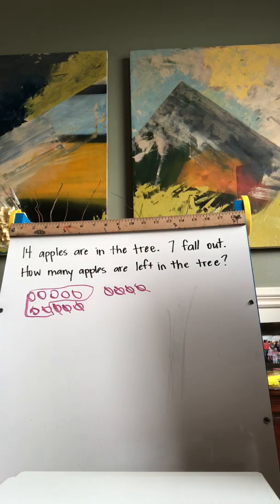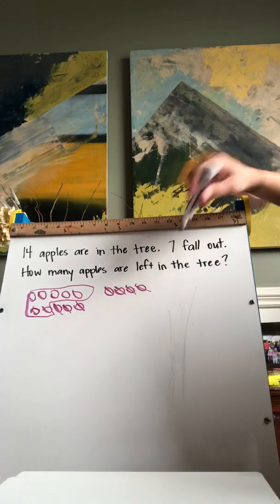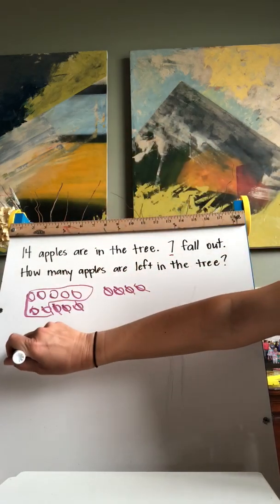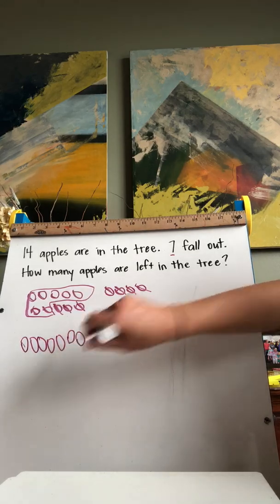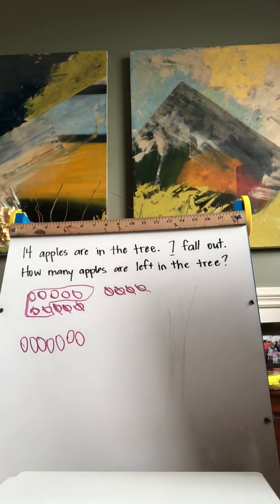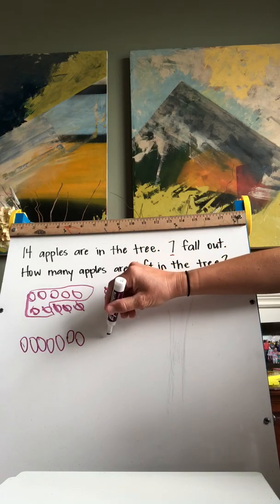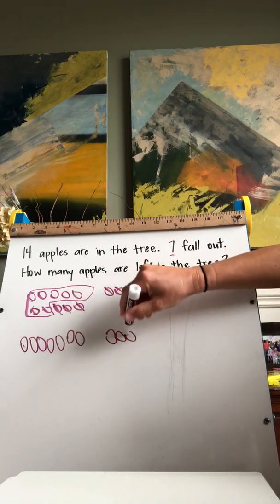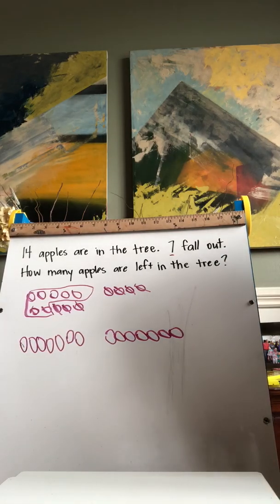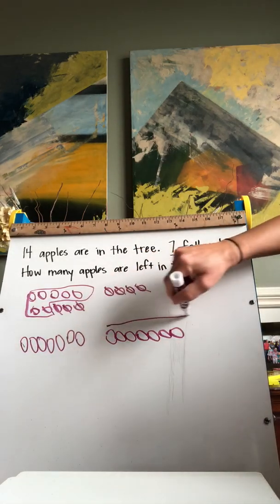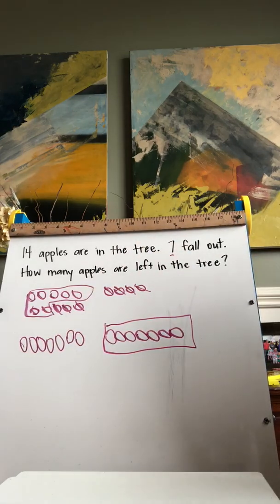Some of you may say, oh, Miss Metz, I didn't do it that way. I started with the 7 that fell out, and I counted on to get to the 14 that were still in the tree. 8, 9, 10, 11, 12, 13, 14. Both of those are going to show the same answer.